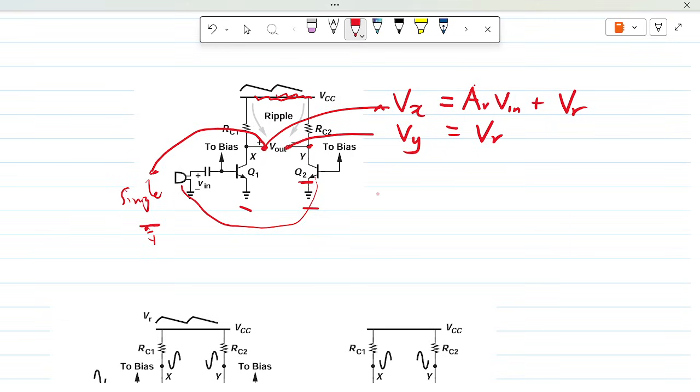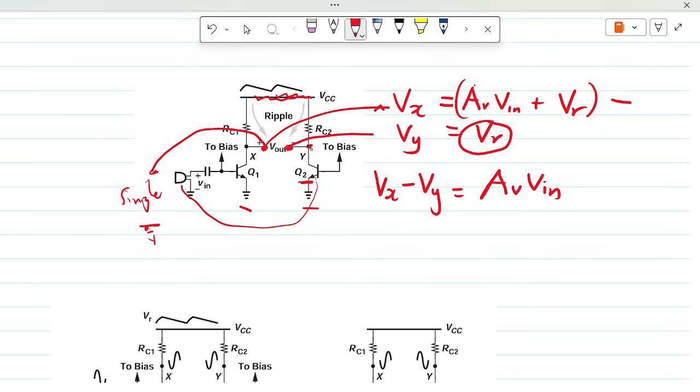Now we are taking the voltage difference between two voltages, and we call that a differential output. So the differential output Vx minus Vy is going to be all this minus that. Clearly it's going to take out the ripple voltage or any noise which is common to both outputs and give me the signal that was attached to Q1.